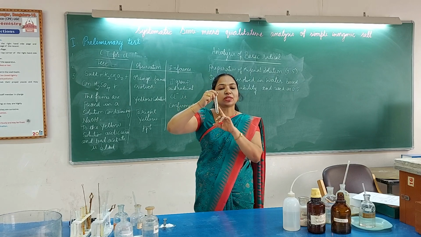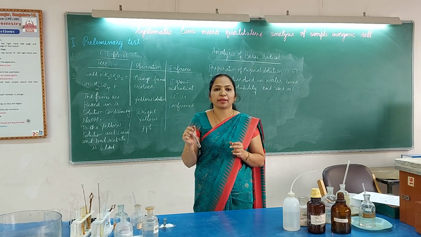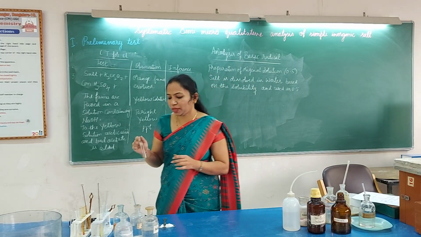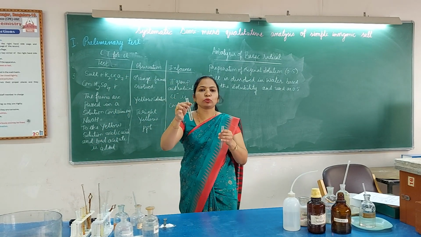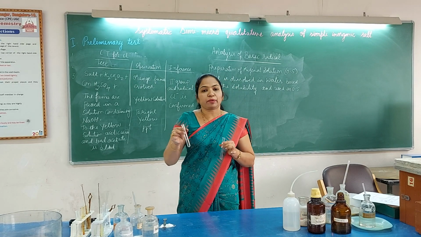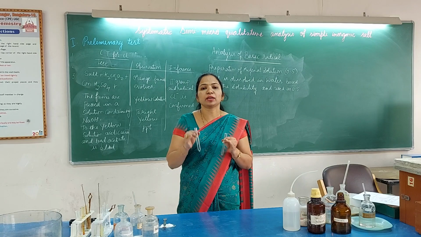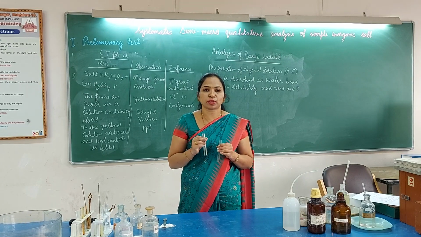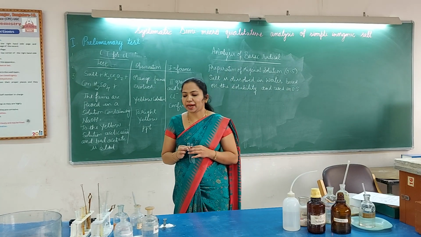So using this original solution, we have to detect for the basic radicals. So shall we start doing the detection of basic radicals? Yes. So this is the original solution. The group radicals which you have to detect are known as separation of basic radicals into groups. So first group is the 0th group. You have to detect for the 0th group basic radicals.